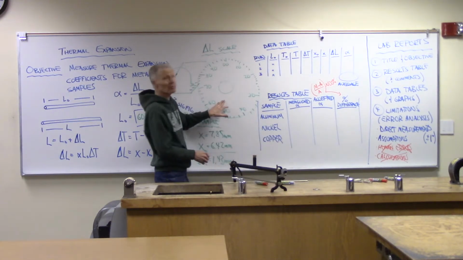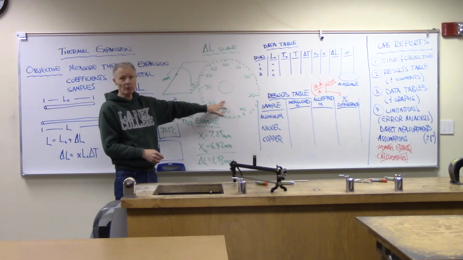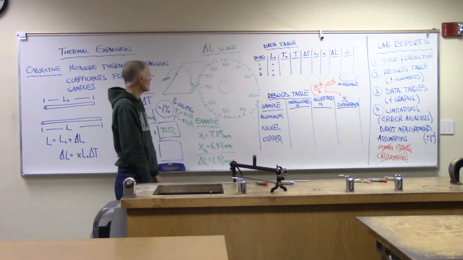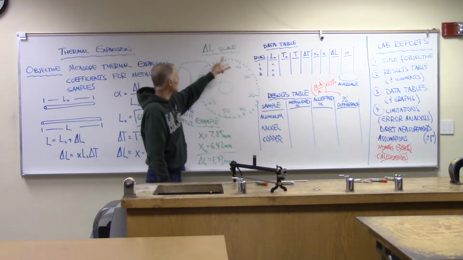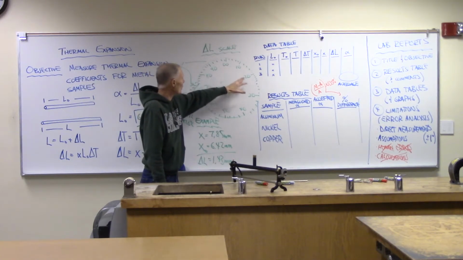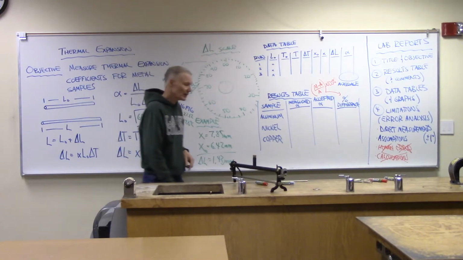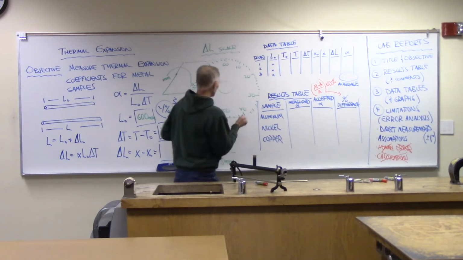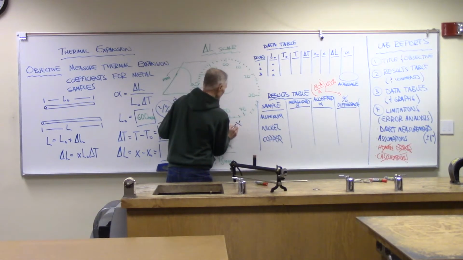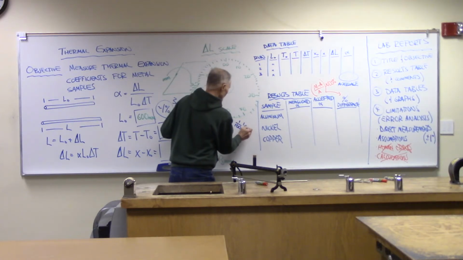Now, I've drawn a big picture of that because this is such an important part of this laboratory experiment. The circular scale looks like this. It goes from 0 all the way to 100. What that's measuring is hundredths of millimeters.